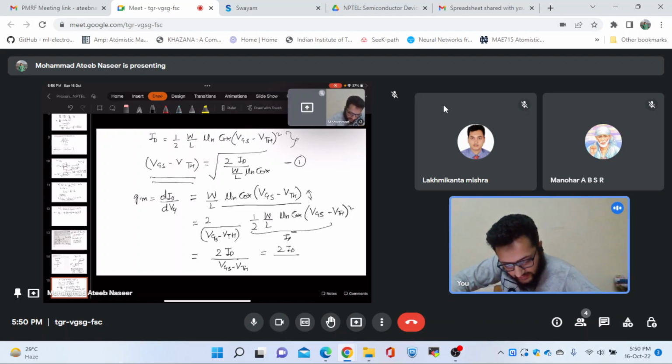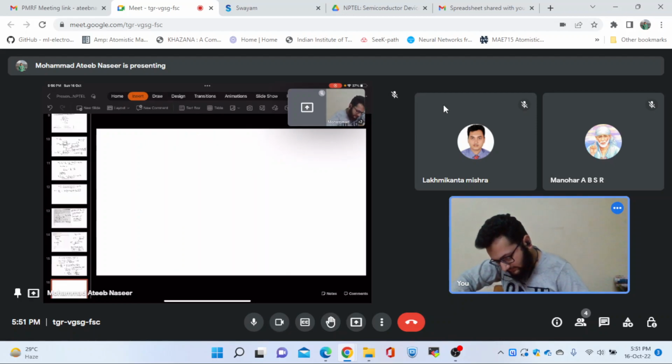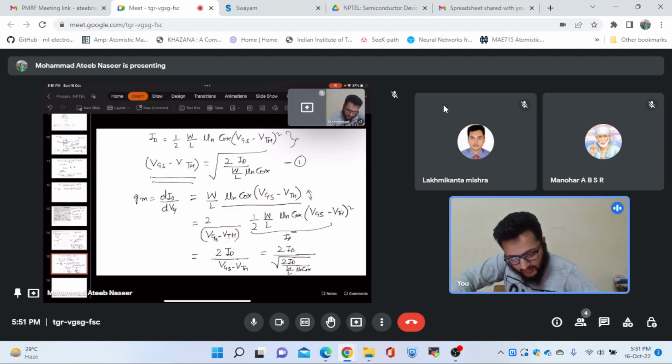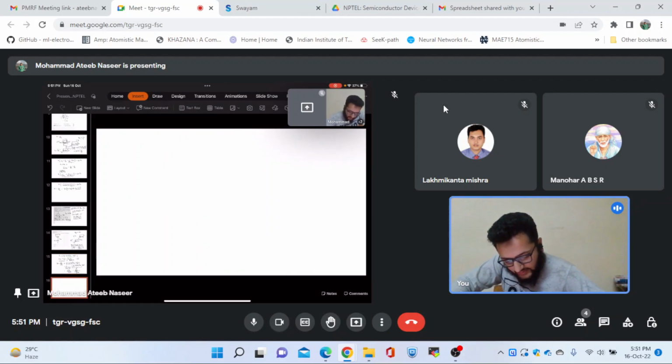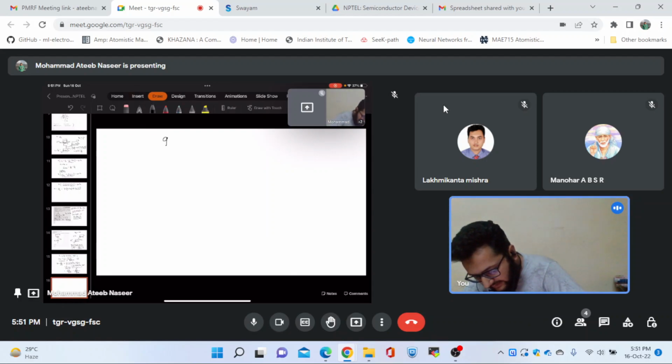It is 2 times ID divided by the square root of 2 ID over W by L mu n Cox. Let me use another slide. So this root 2 ID will cancel with this root 2 ID, and GM will be equal to the square root of 2 ID mu n C ox W by L. So this will be the GM.